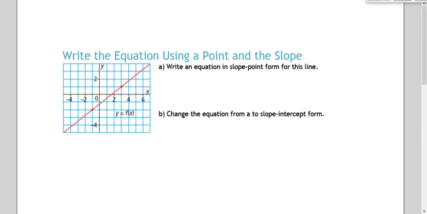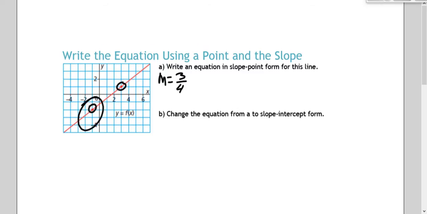Let's write an equation in slope-point form for this line. So we have 2 points on here, and the nice thing is that we can use either of them. Our slope in this case is equal to 3 over 4. And let's use this point here.